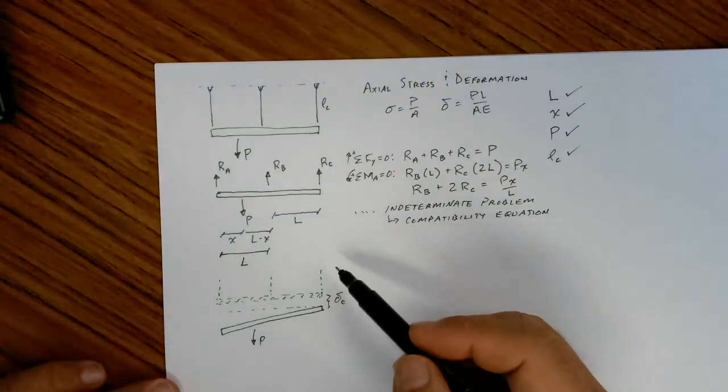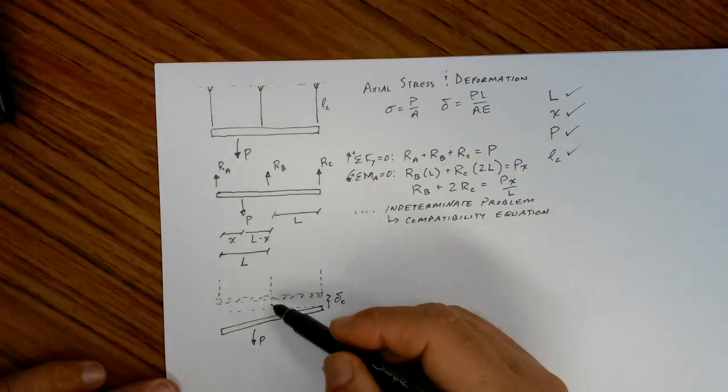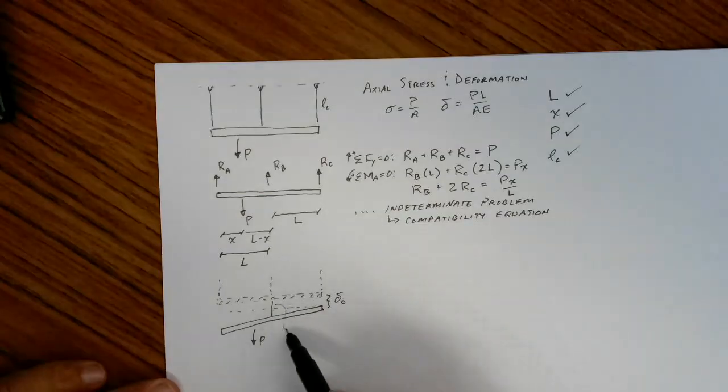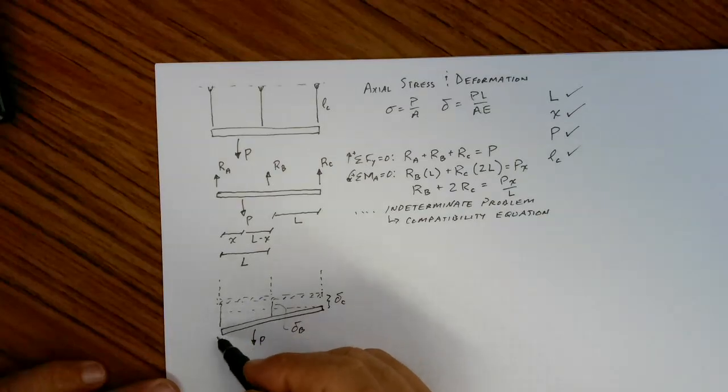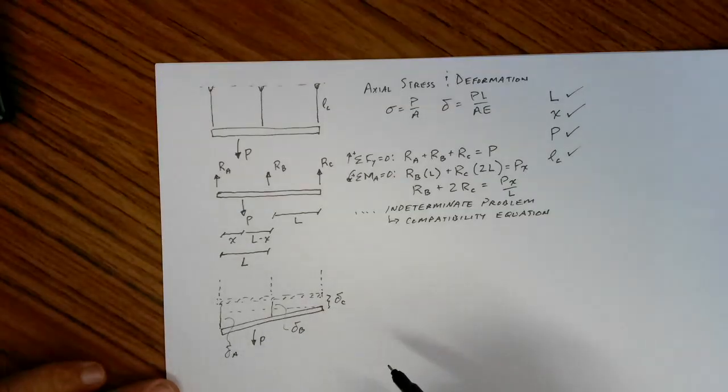This is the deformation of cable C, and this is the deformation here, cable B. And this is the deformation here, cable A.